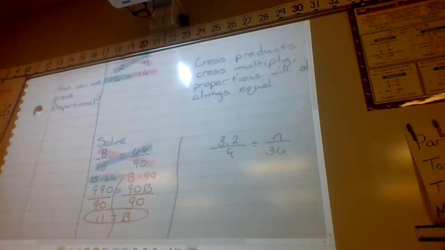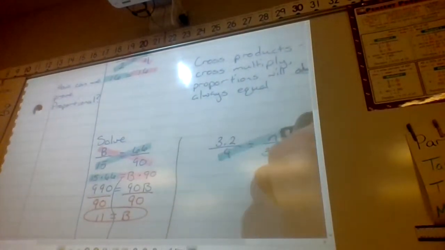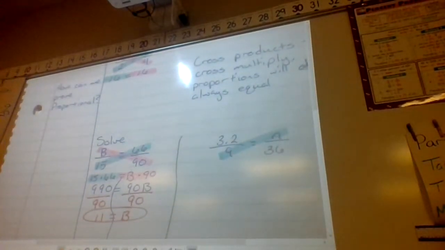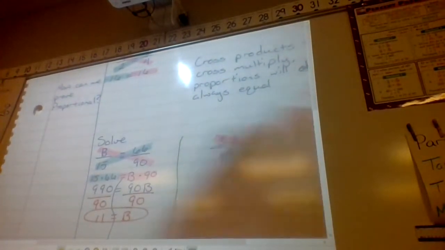What 2 should be highlighted in the same color? The ones across. Which ones?